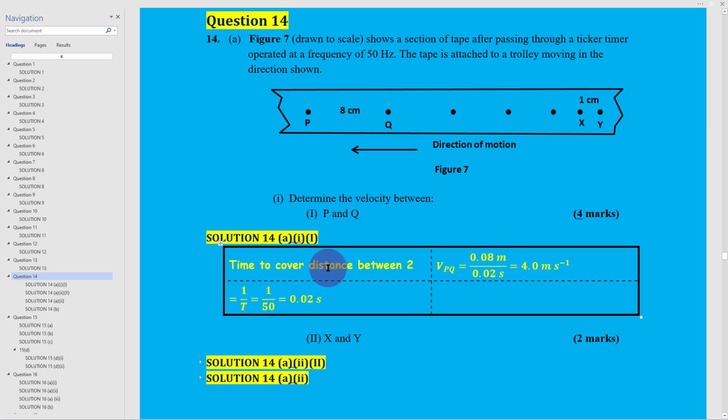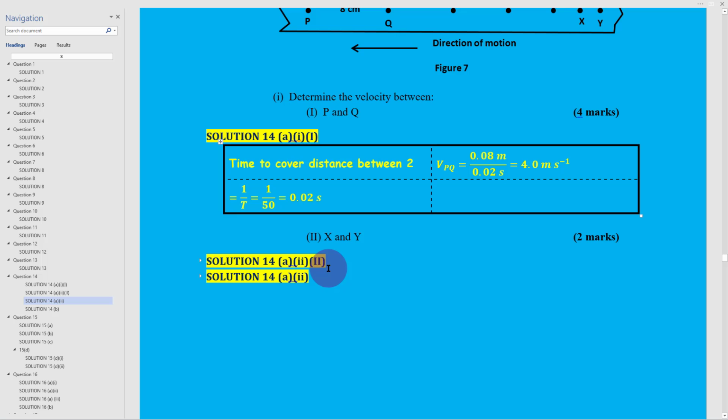And this is how I did it. The time to cover the distance between the 2 dots would be given by 1/f. This one should be 1/f. I think I made a mistake there. Let me just correct that.